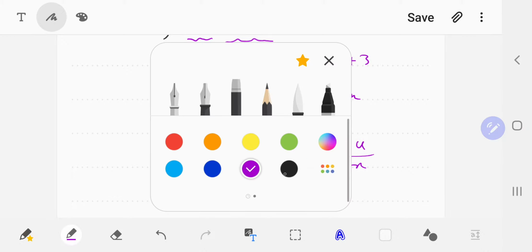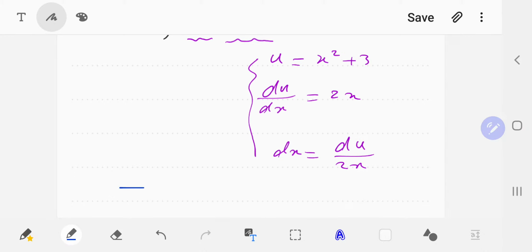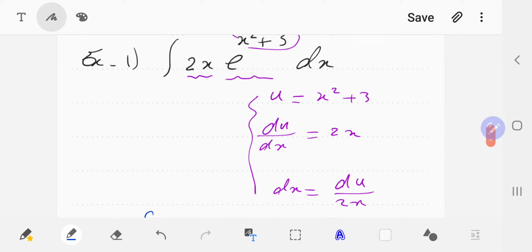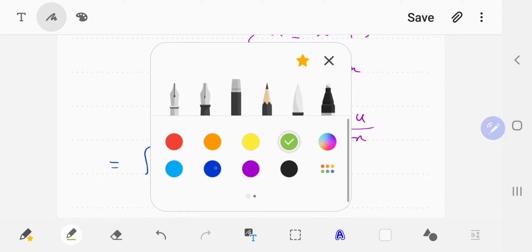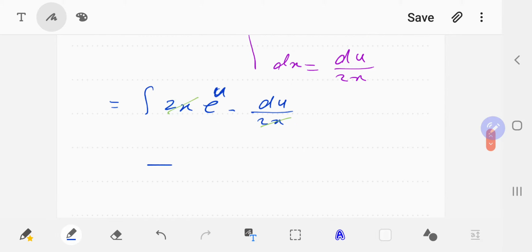Now, this will make my integration equals 2x e to the power of u times du over 2x. And again, 2x with 2x can be simplified. So we are left with integration of e to the power of u depending on u.